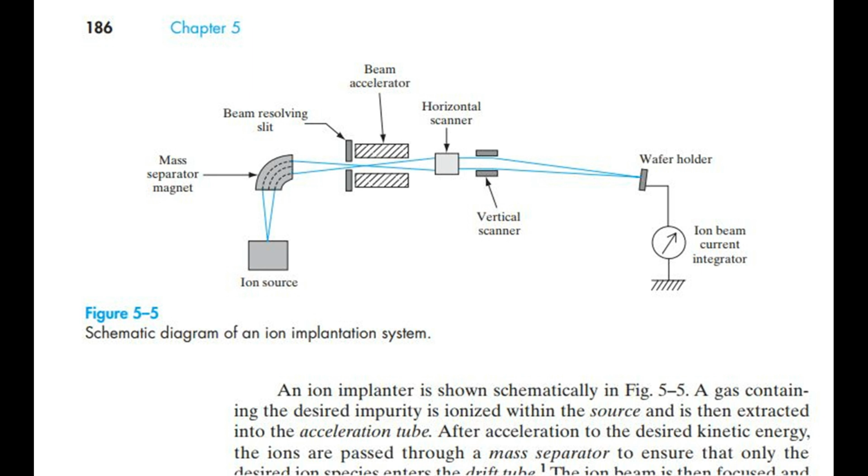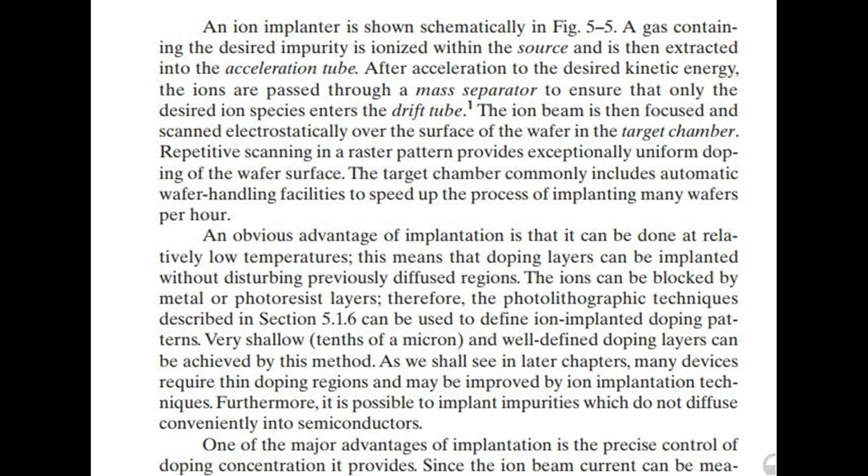Figure 5.5. Schematic diagram of an ion implantation system. An ion implanter is shown schematically in Fig. 5.5. A gas containing the desired impurity is ionized within the source and is then extracted into the acceleration tube. After acceleration to the desired kinetic energy, the ions are passed through a mass separator to ensure that only the desired ion species enters the drift tube.